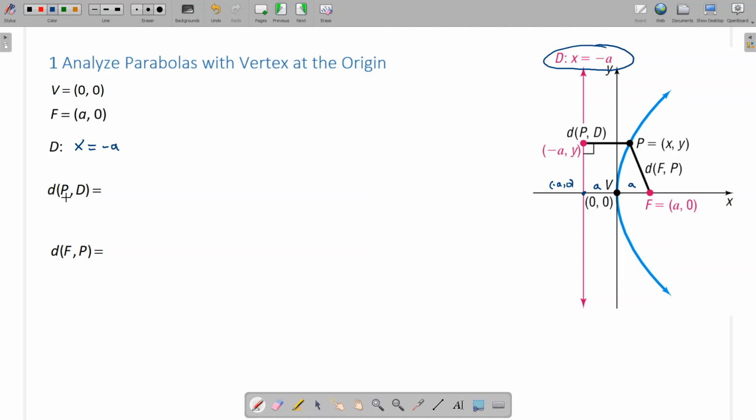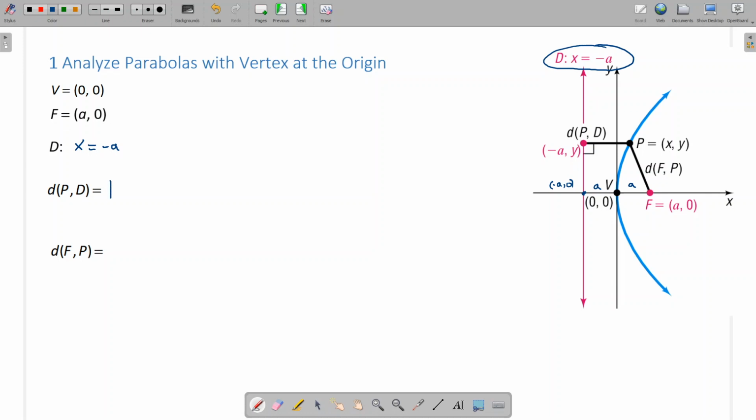Okay, so let's find some distances. We know that the distance from P to the directrix, this segment here, is always equal to the distance from P to the focus. But let's start with this segment. So we want an expression that represents the length of that. Well, since it's a horizontal line, all we have to do is look at the difference in their x-coordinates. The x-coordinate of this point is going to be negative a, and the x-coordinate here is obviously just x.